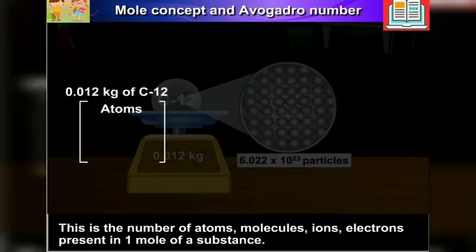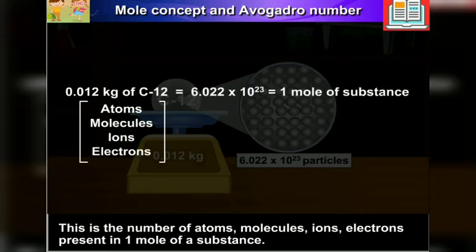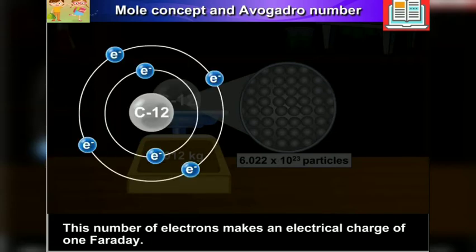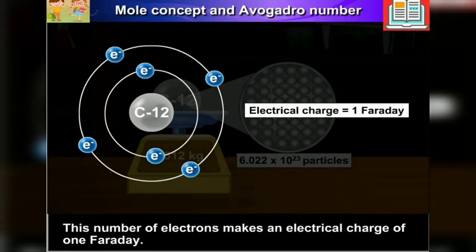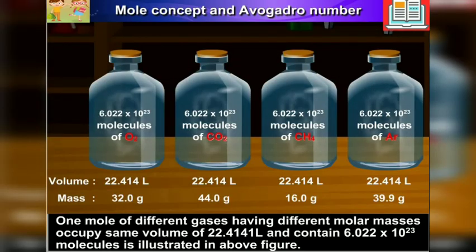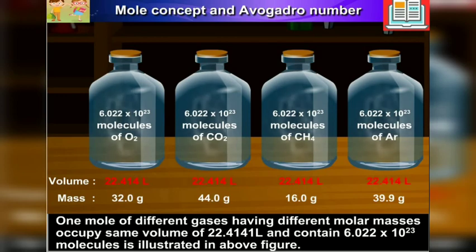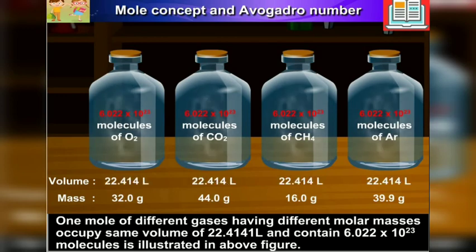This is the number of atoms, molecules, ions, or electrons present in 1 mole of a substance. This number of electrons makes an electrical charge of 1 Faraday. 1 mole of different gases, having different molar masses, occupies the same volume of 22.414 liters and contains 6.022 times 10 raised to 23 molecules, as illustrated in the above figure.